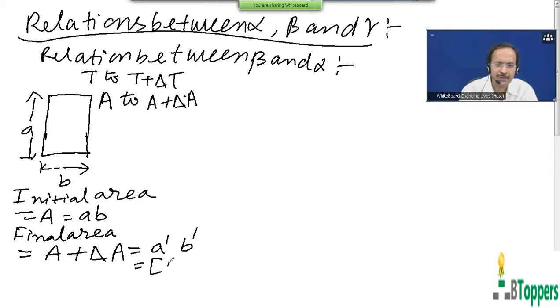So final length a dash you can write as original length a plus increase in the length, denoted by delta a.